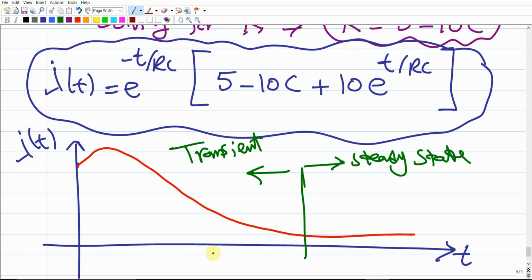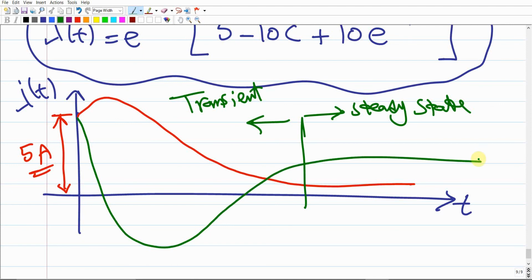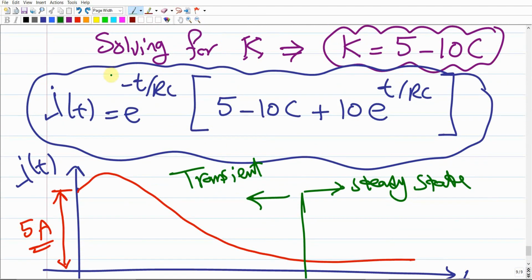Make sense? So it would take any different form. For example, you should understand that this is the initial condition, the 5 ampere, the initial condition of the current, or even it would go down, then it's gonna go up. It depends. There are lots of things, depending on the value of R, depending on the value of C.